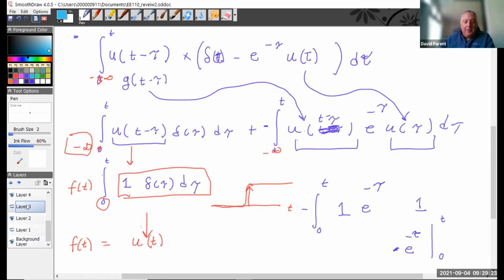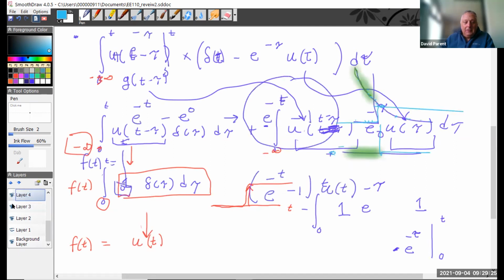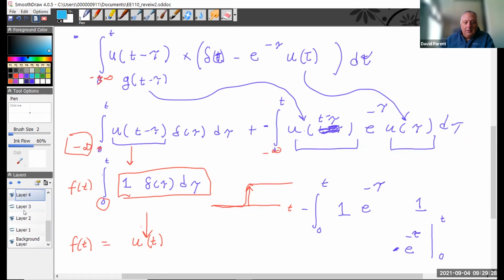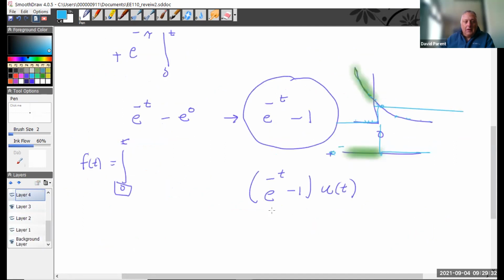Now I've got to bring up the u(t). f of t from the previous part is u(t), plus e to the minus t u(t).